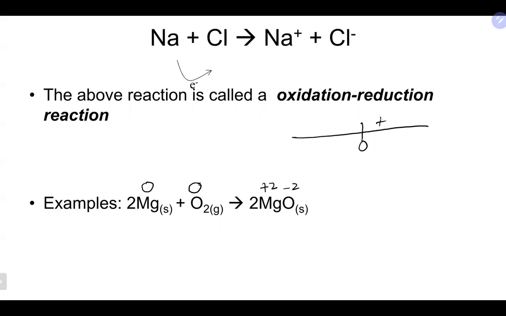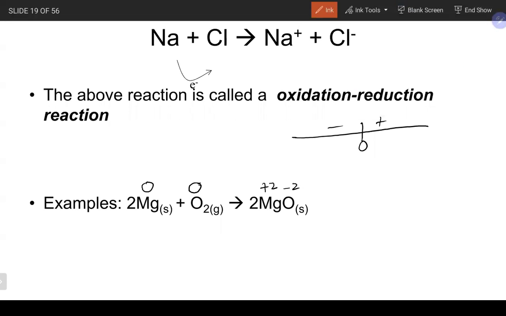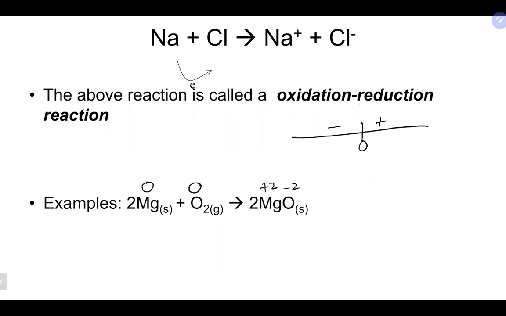Once again, if you're not sure, we can follow what's happening. If we look at the magnesium, it is starting at 0 and ending at +2 on the other side, which means it's moving to the right. It's becoming more positive. That means magnesium is going through oxidation.